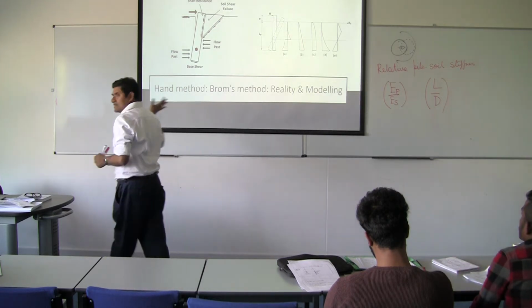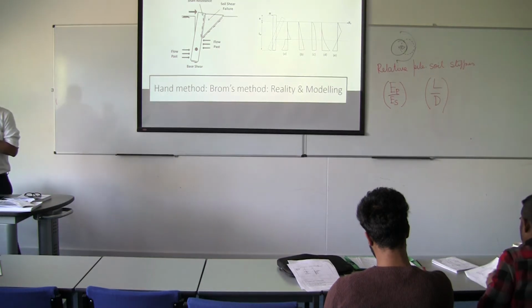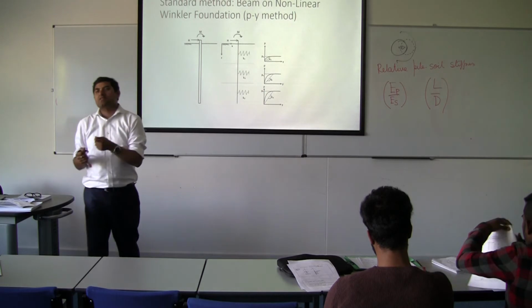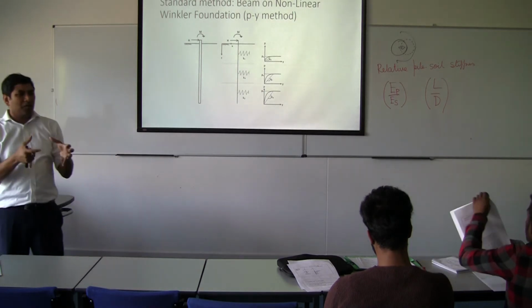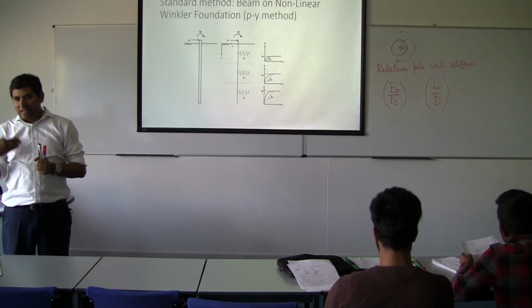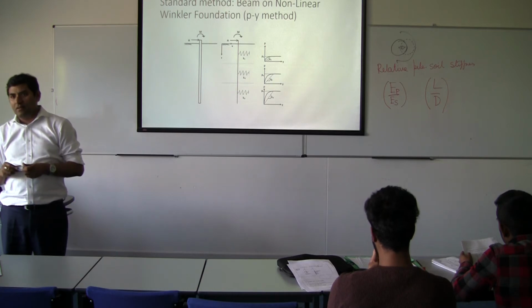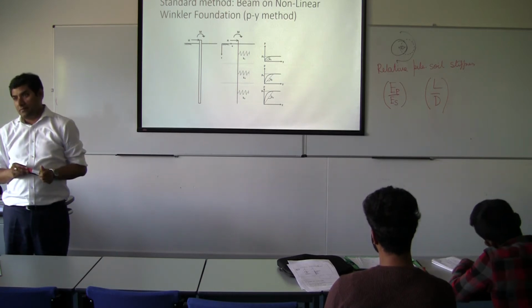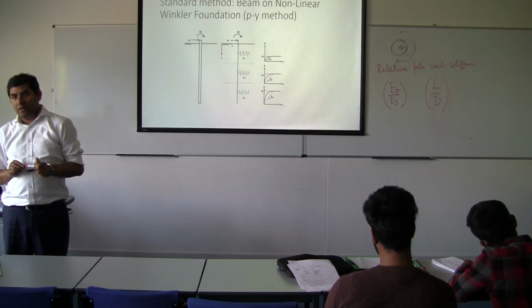So that's the thing that happens. However, these are checks, so you can do a quick check, but when you submit a calculation to a client, you normally do this Winkler method or PY method, right?